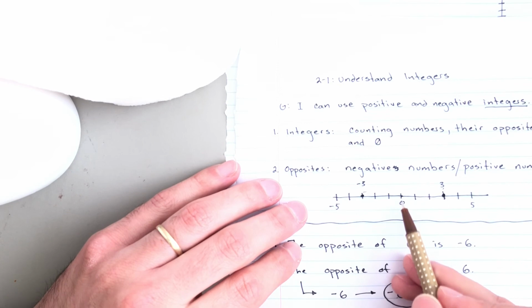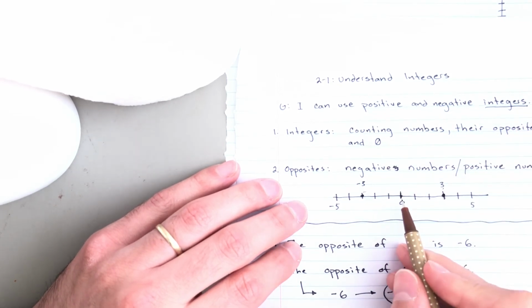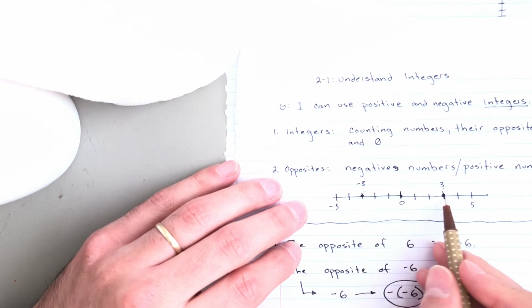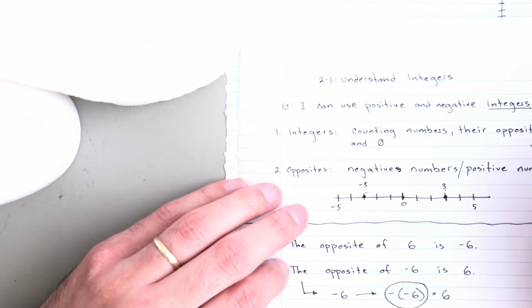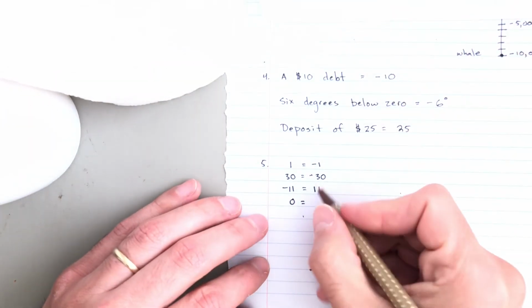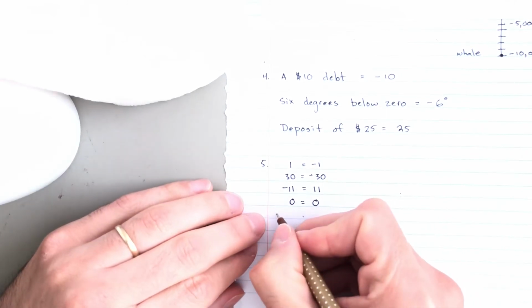Zero is the marker that we're using to figure this out. We're going 3 spaces from 0, 3 spaces from 0. So we're using 0 to mark where we're starting from. There is no opposite of 0, so I would just put 0 there. And then remember these ones here.